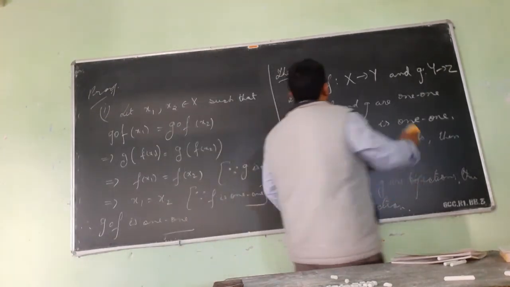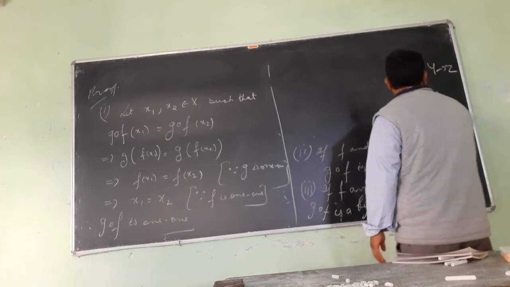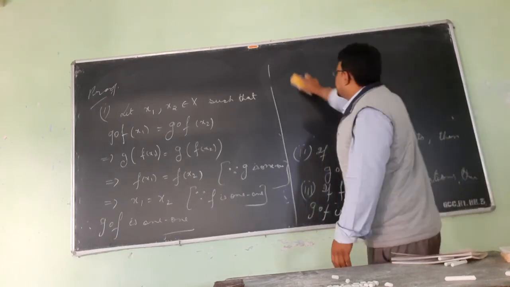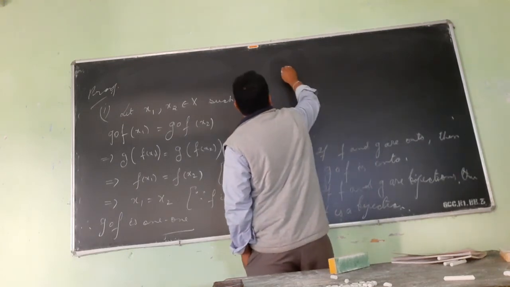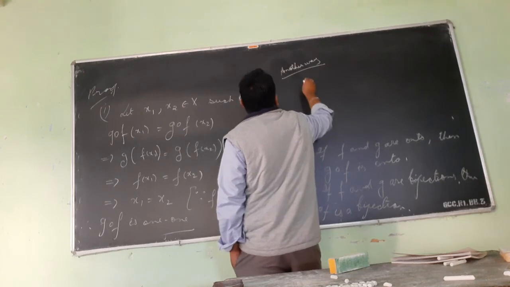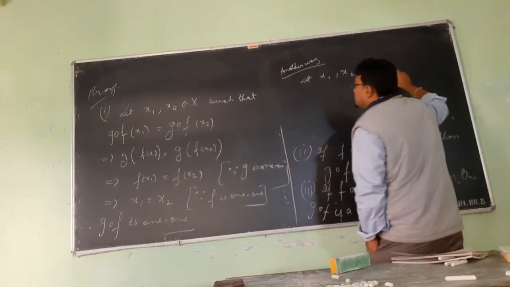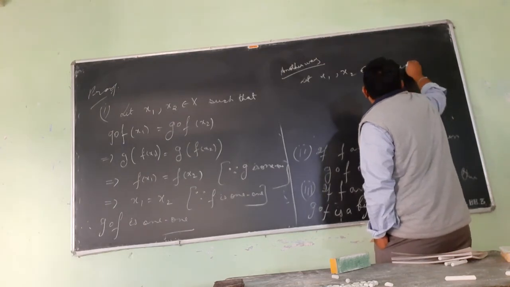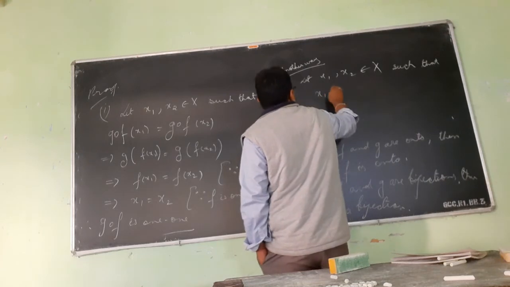Another way: we have two forms of the definition. Distinct elements will go to distinct images. Let x1, x2 belong to X. We take two elements from the domain which are unequal, such that x1 is not equal to x2.